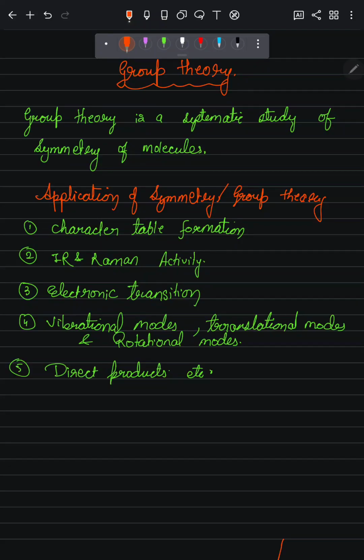Axis of symmetry is represented by Cn, plane of symmetry by sigma, center of symmetry by i, improper axis of symmetry by Sn, and identity by E. In short, we can write these.